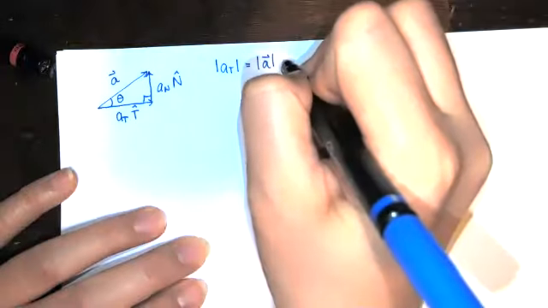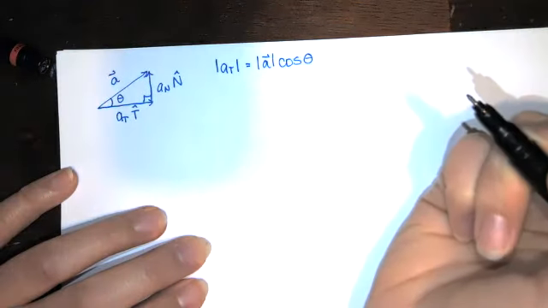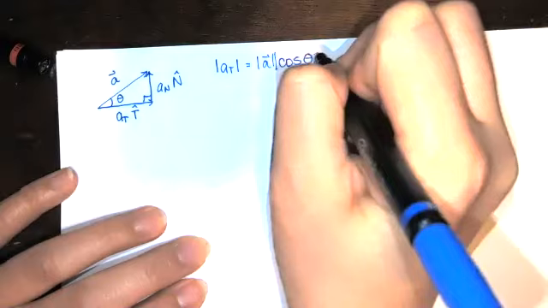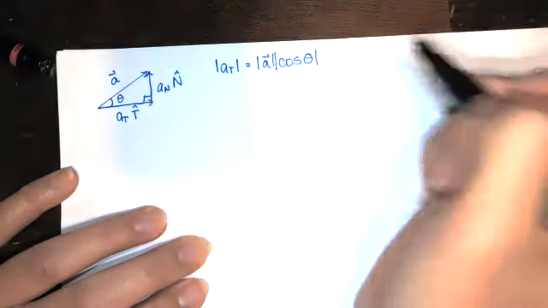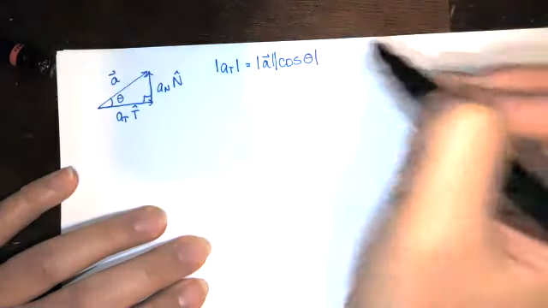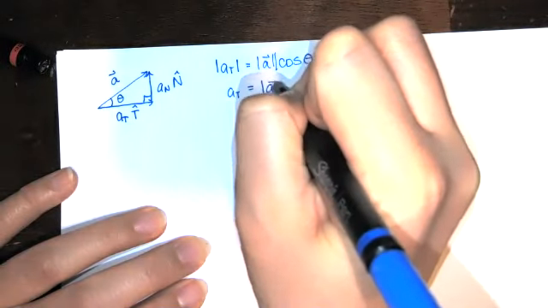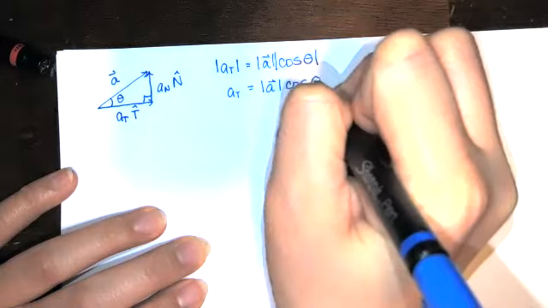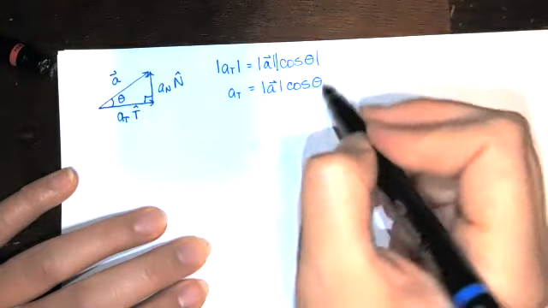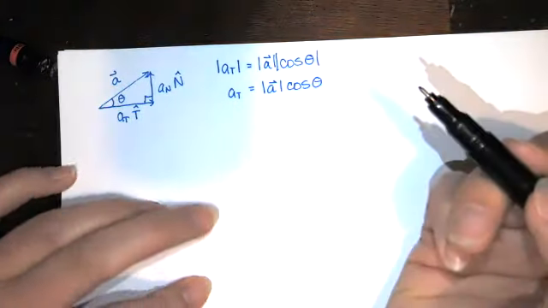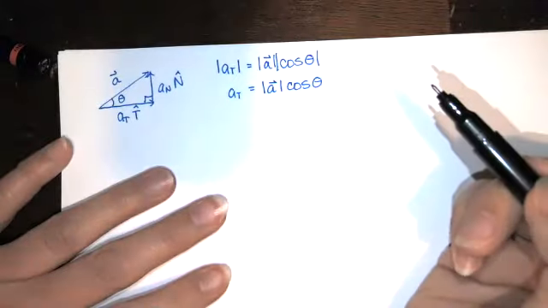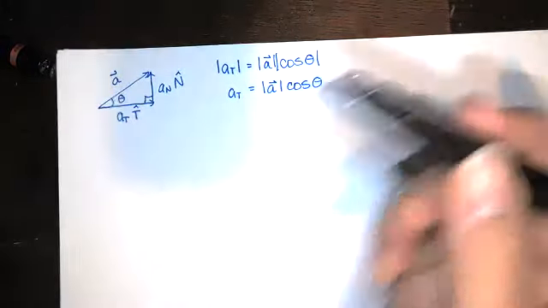And since this is the adjacent side next to theta, but not the hypotenuse, we're going to have that times cosine of theta. And if the angle is acute, this is positive. If the angle is obtuse, this number is negative. So we can drop the absolute values, where the sign of cosine of theta will take care of the sign of a sub t. So that's one way of doing it, but we don't know theta.